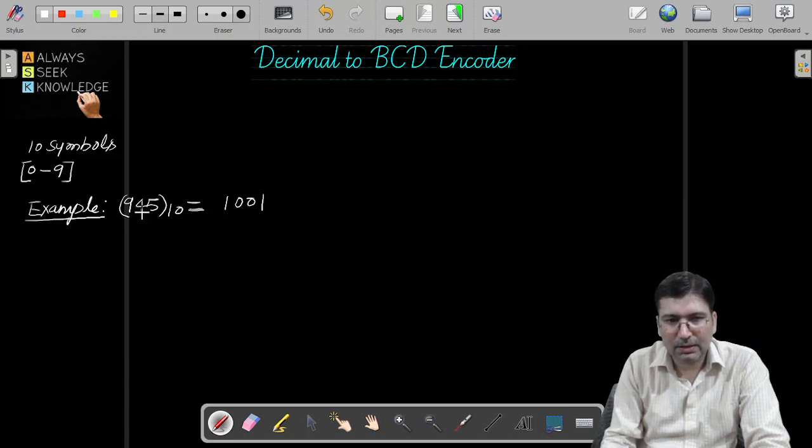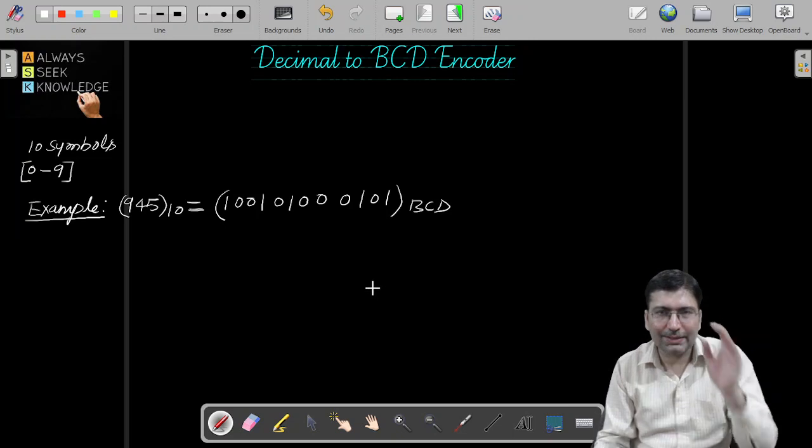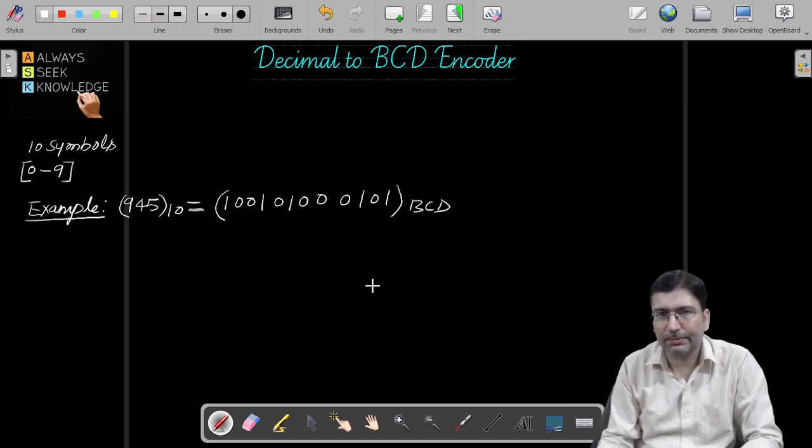This is 9. 4 will be 0 1 0 0. Then 5 will be 0 1 0 1. This is the BCD representation of this decimal number.